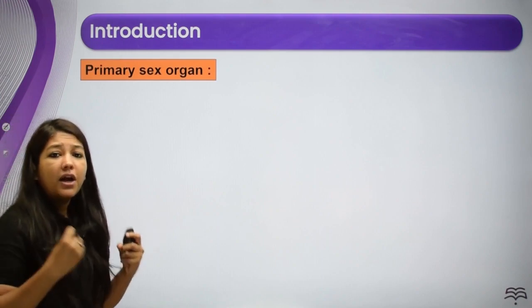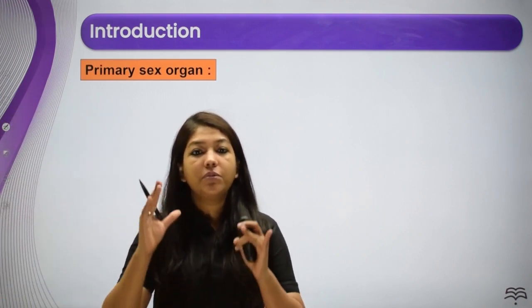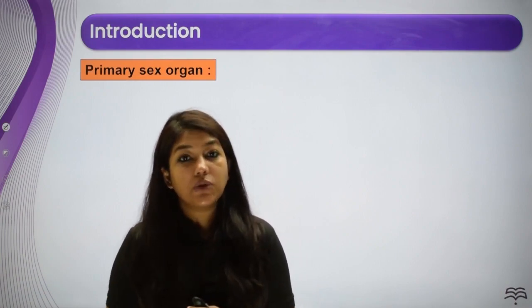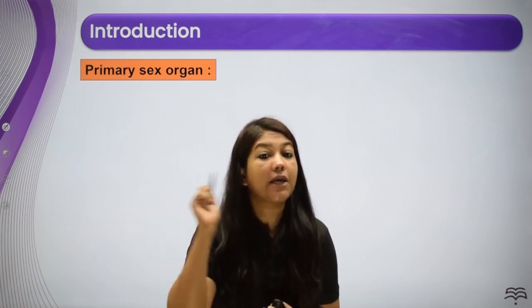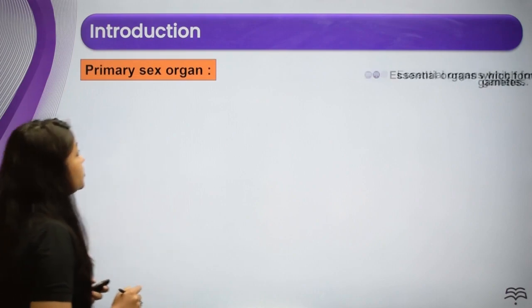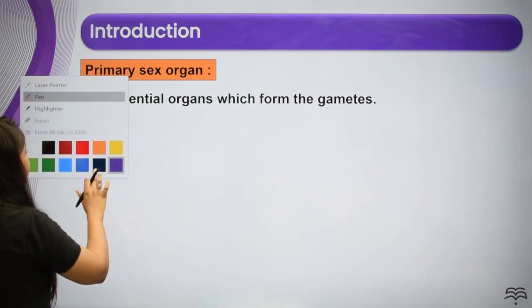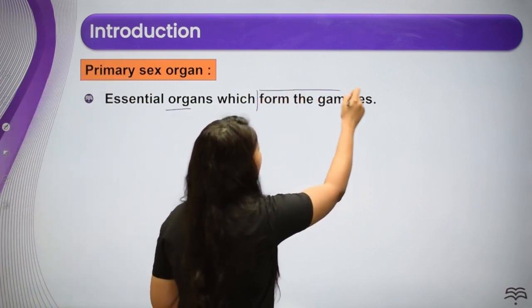Now, talking about a little bit of introduction about the organs. So here we'll be talking about primary sex organs and secondary sex organs. What are primary sex organs? Primary sex organs are the ones where gamete formation is happening. Okay? So let us understand this. Primary sex organs, what are they? Essential organs which form the gametes.